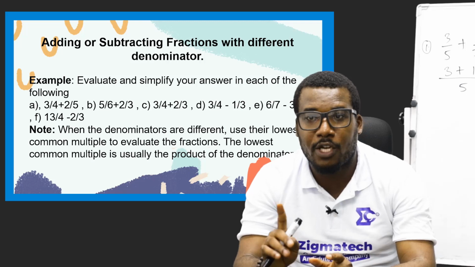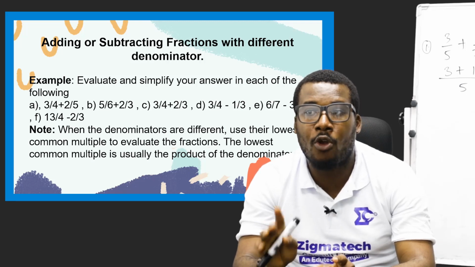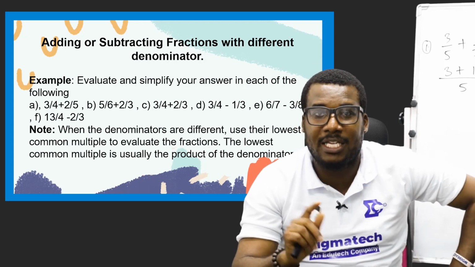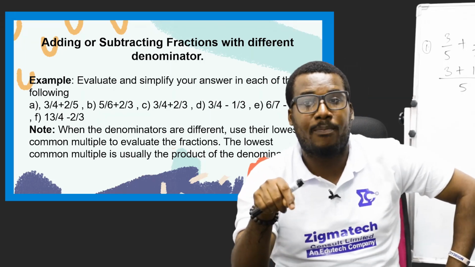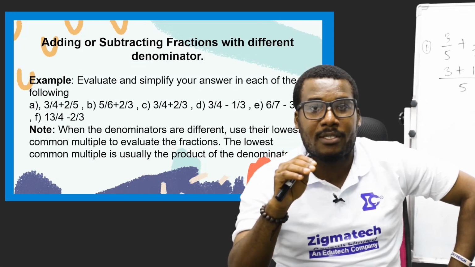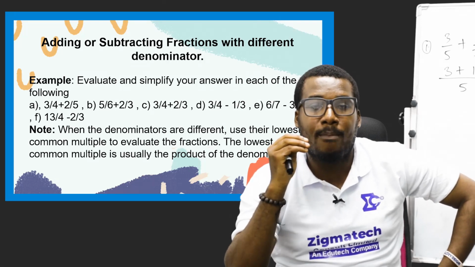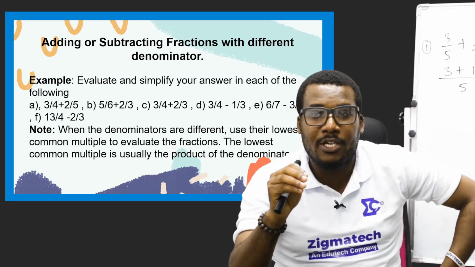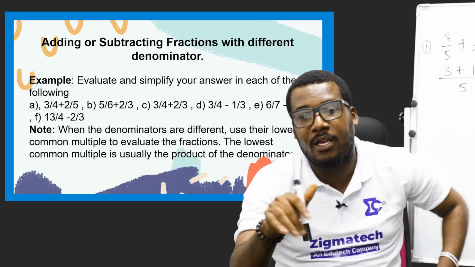First of all, they say use the lowest common multiple to evaluate the fractions. And the second part, they say the lowest common multiple is usually the product. Now, the word product there talks about multiplication, so it is the product of the denominators.